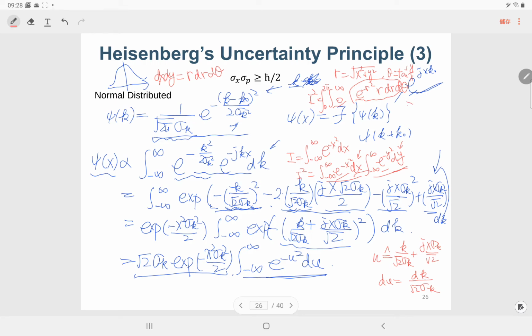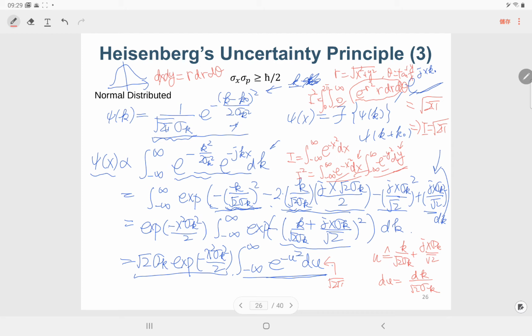So I squared will be 2 pi, and then we find that I is nothing but square root of 2 pi, which is a constant.